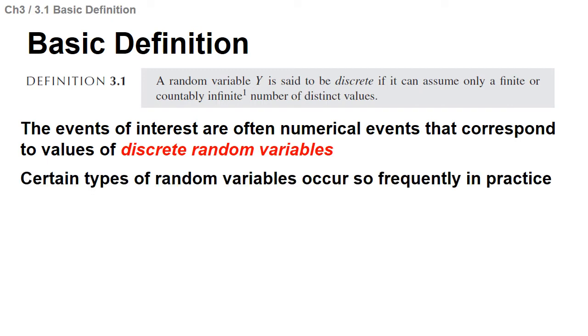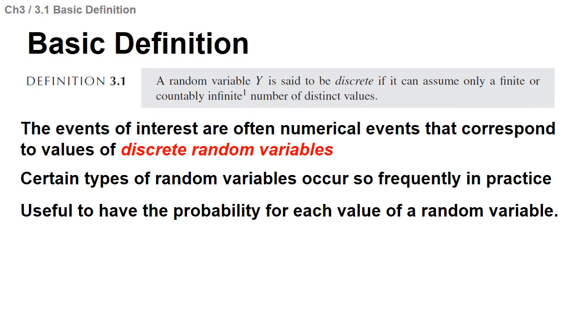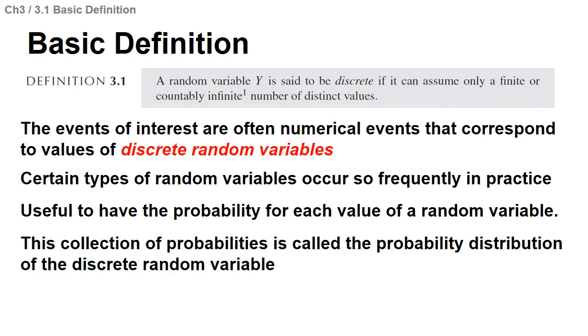Certain types of random variables occur so frequently in practice, such as rolling a dice or flipping a coin, so it is useful to have the probability for each value of a random variable. Okay. And this collection of probabilities is called the probability distribution of the discrete random variable. So this is why we are going to learn about discrete random variables and their related probabilities.